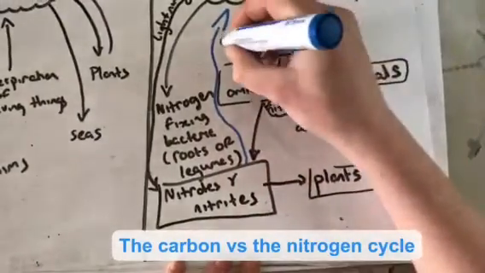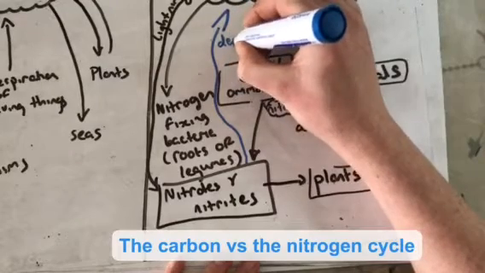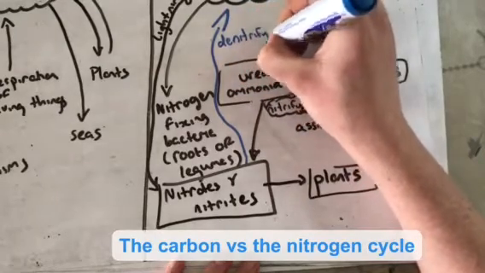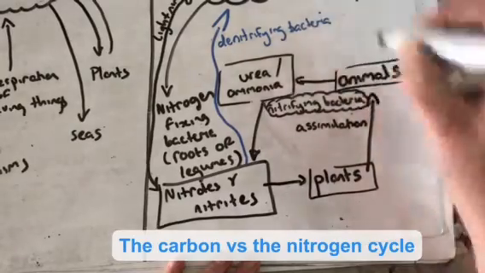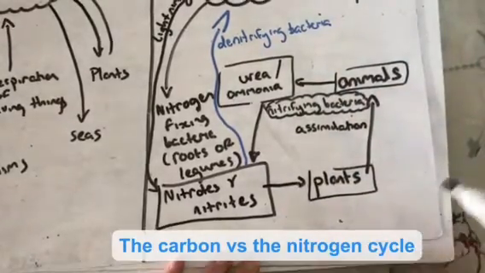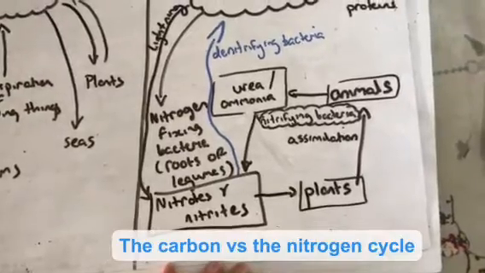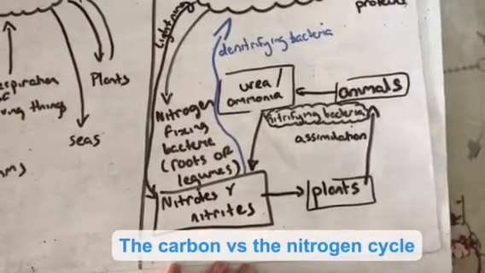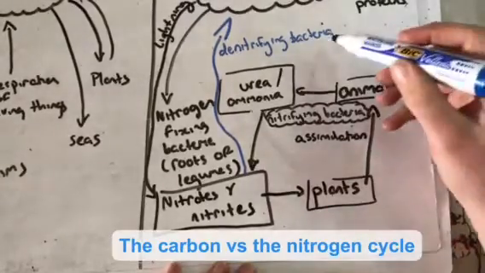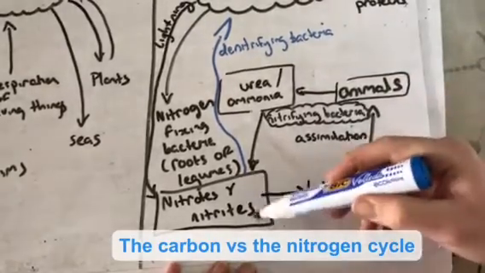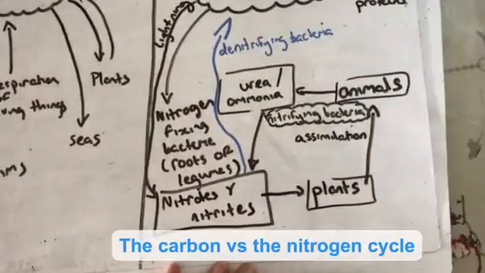These are called denitrifying bacteria, and they are found in swampy soils. They're obviously a bad thing because they make the soil less fertile, less useful to plants, and that's why swampy soils have very little grown in them, because of these bacteria converting the good nitrates and nitrites back into nitrogen in the air.